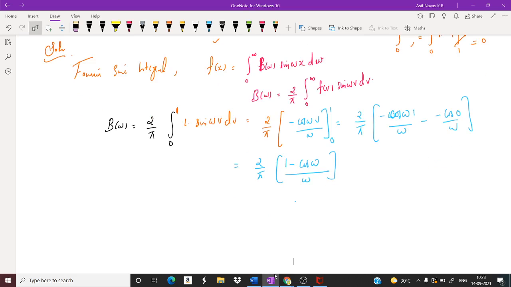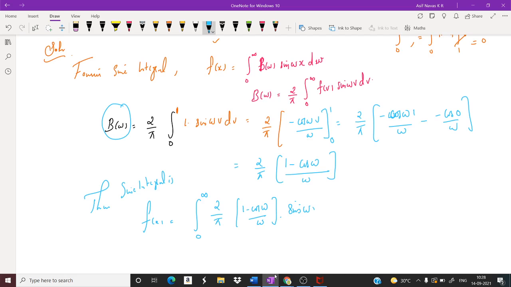Now you can easily write f of x. Thus f of x is equal to integral 0 to infinity of b of omega sin omega x d omega, that is 2 by pi times (1 minus cos omega) by omega into sin omega x d omega. Taking 2 by pi to the other side, the integral 0 to infinity of (1 minus cos omega) by omega sin omega x d omega is equal to pi by 2 f of x.